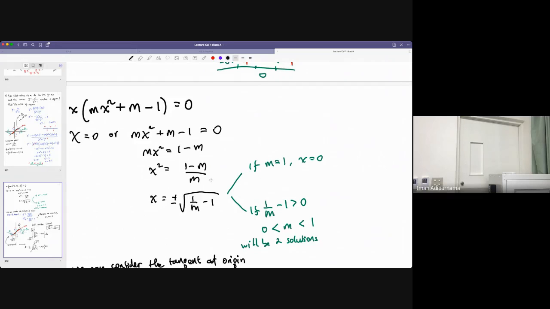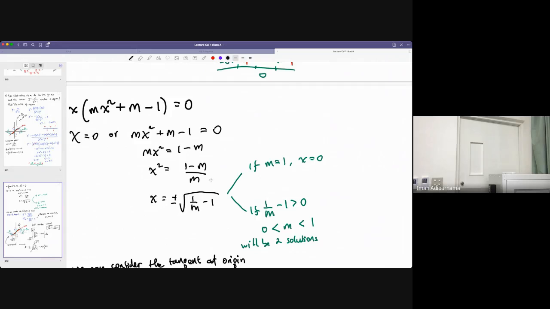Now we also have another possibility. If m is 1, then the whole x will be 0, right? If 1 over m minus 1, the whole thing inside the square root, is positive, then you have the interval from 0 to 1.